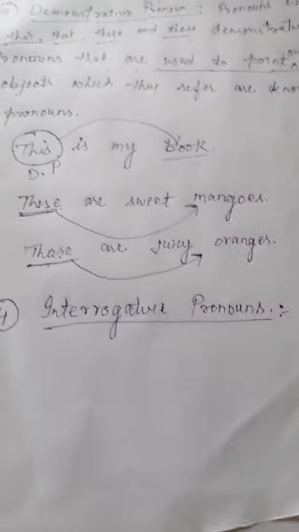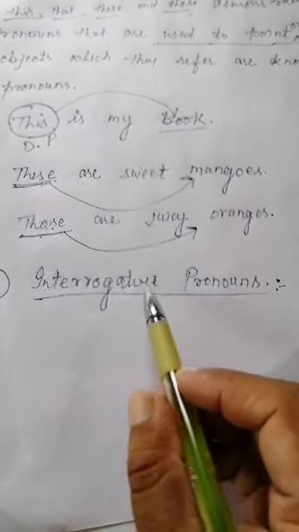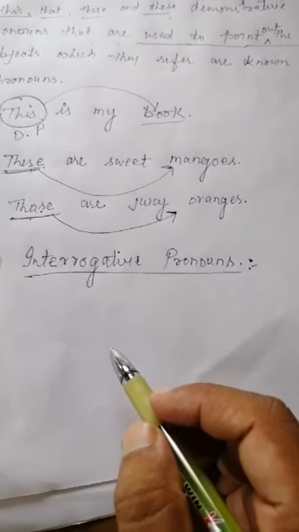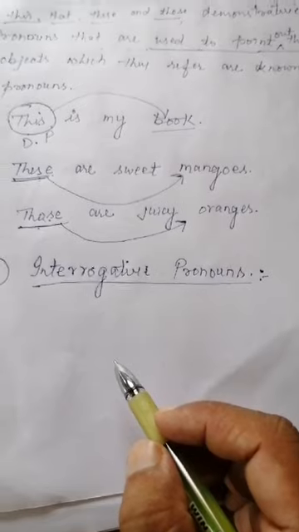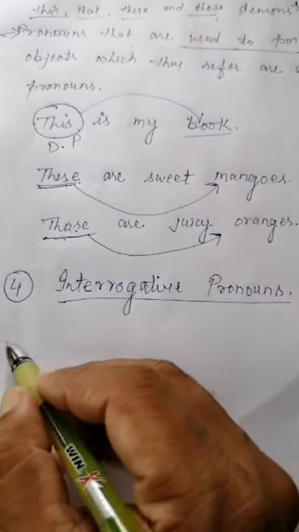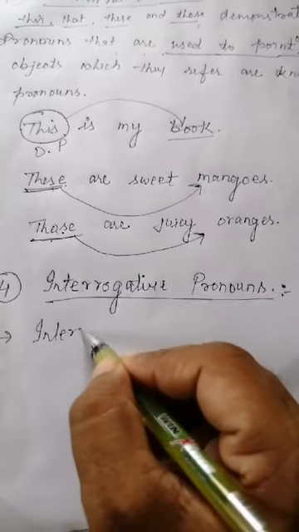Let us see what are interrogative pronouns. As you know, the name is suggesting interrogative, means the pronouns that are used to ask questions. So we can write here its definition.